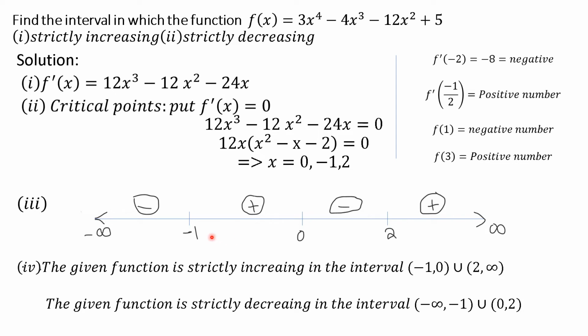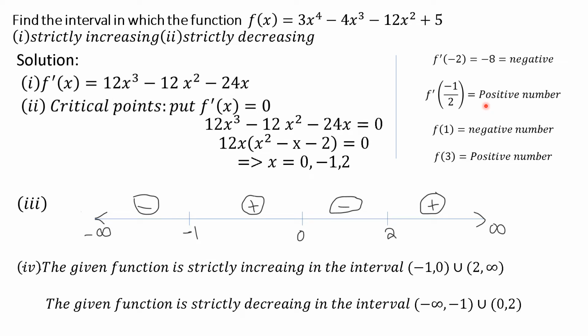Next, in the interval minus 1 to 0, take any number in the open interval minus 1 comma 0. Here I took minus half. Substituting minus half in this equation, you will get a positive number. Go and check it.